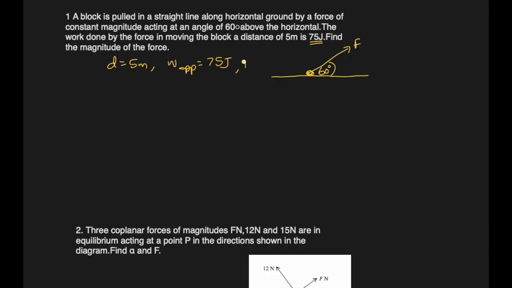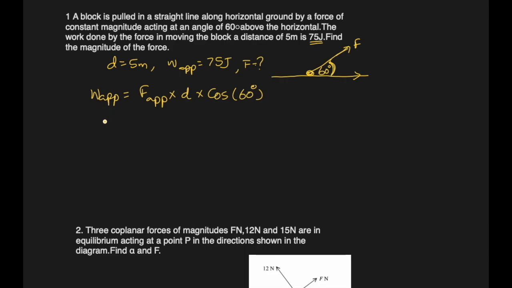So what is F? Straightforward, we know that the work done by any applied force is equal to that applied force multiplied by the distance it moved multiplied by cos of the angle between the force and the motion. Force is in this direction, motion is in this direction, and the angle between them is 60 degrees, so it will be cos 60 degrees.